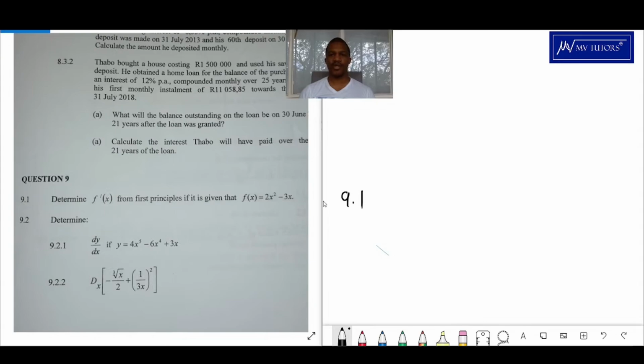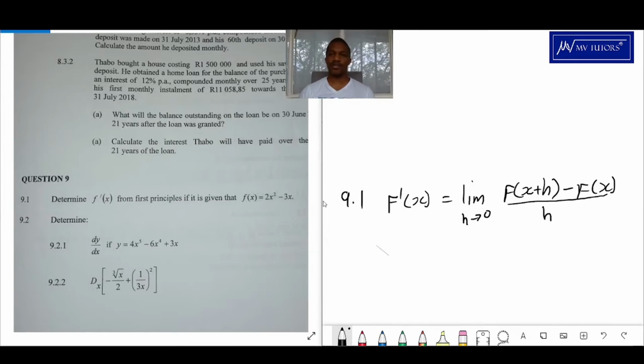Okay, so we know that the first derivative is given by the limit as h tends to 0 of f of x plus h minus f of x, divided by h.